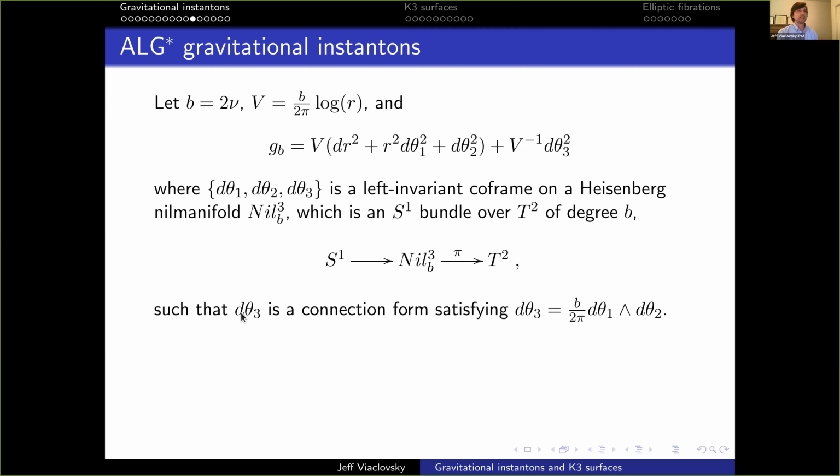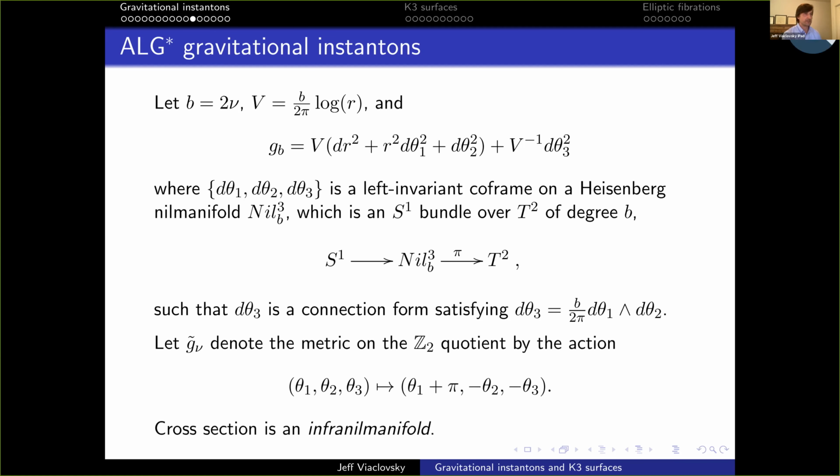And we require that d theta 3 is a connection form satisfying d theta 3 is b over 2 pi d theta 1 wedge d theta 2. That's the area element on the 2-torus. Okay, so that's this metric g sub b, but we're not done with the definition yet.